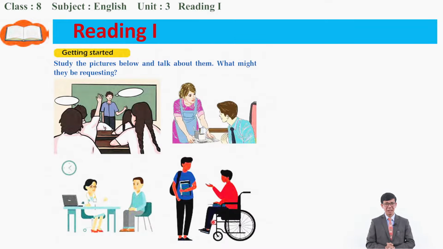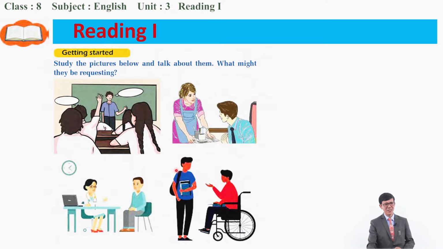You can guess he might be asking some stranger, someone else, to help him cross the road. So you have made a wonderful guess about this picture.